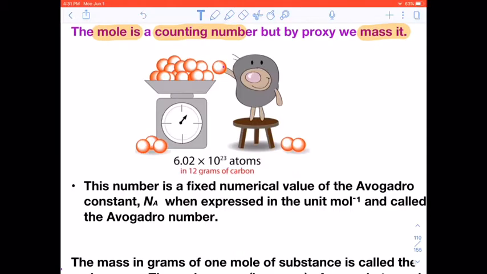So you've got your element carbon and somebody wants 6.02 times 10 to the 23 atoms of carbon.